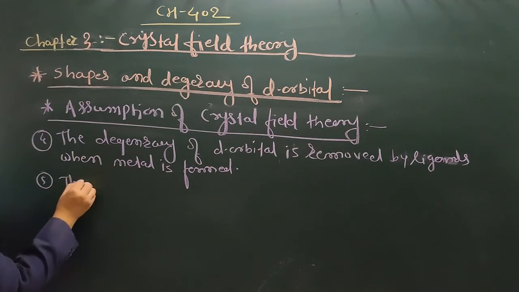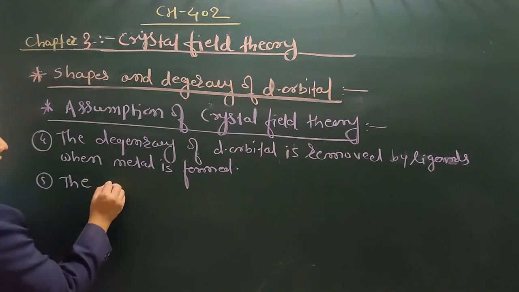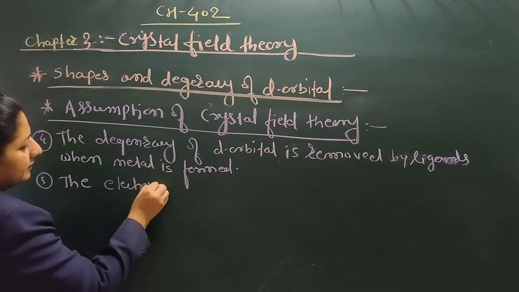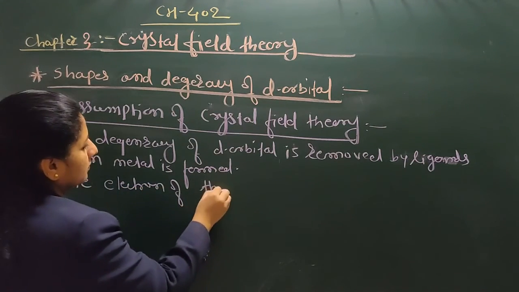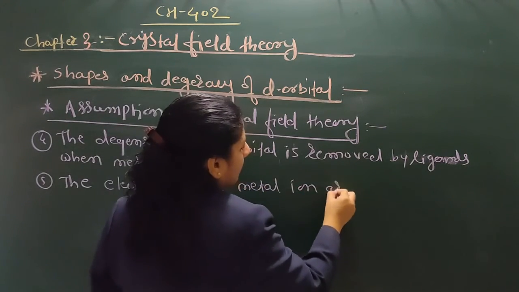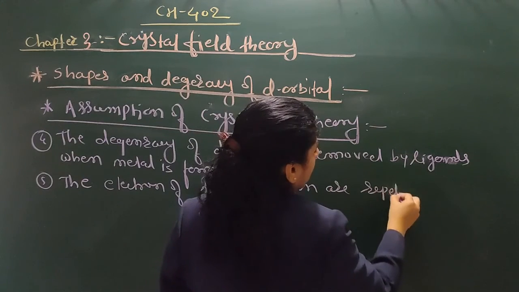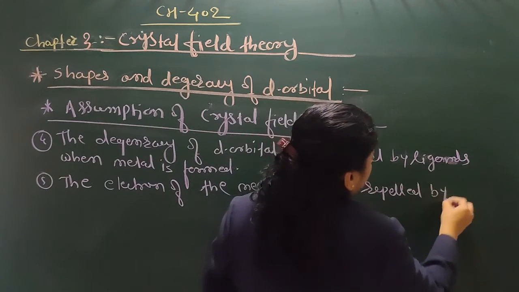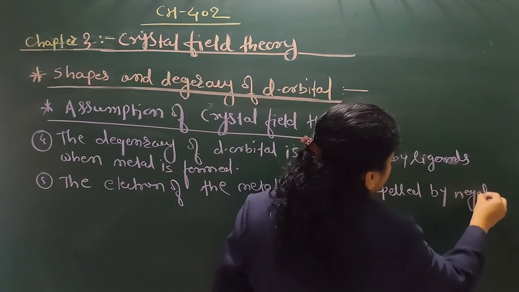The next assumption is that the electrons of the metal ion are repelled by the negative field of the ligand.